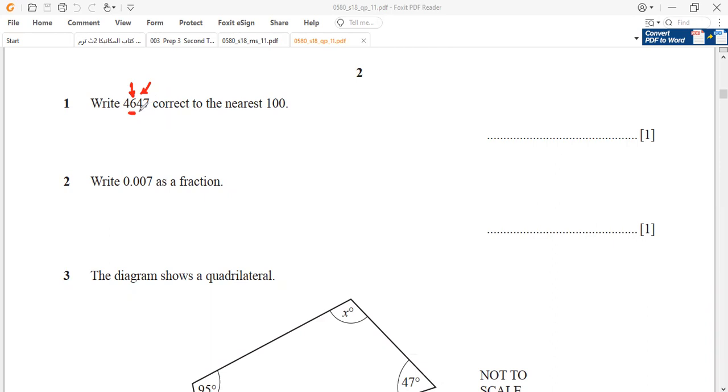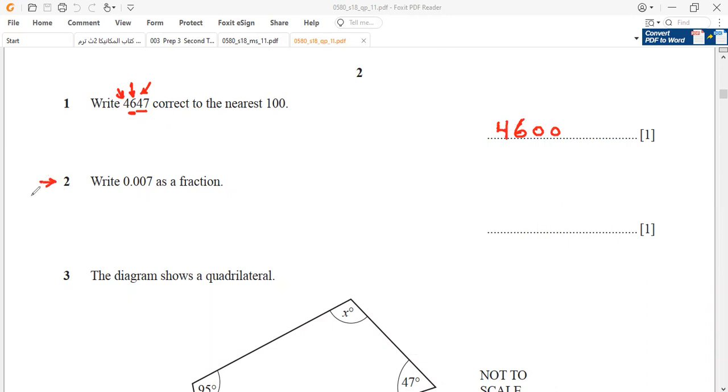The digit here is 4. 4 doesn't increase 6, so we keep 6, and the other two digits, 4 and 7, become 0, 0. So the answer will be 4,600.